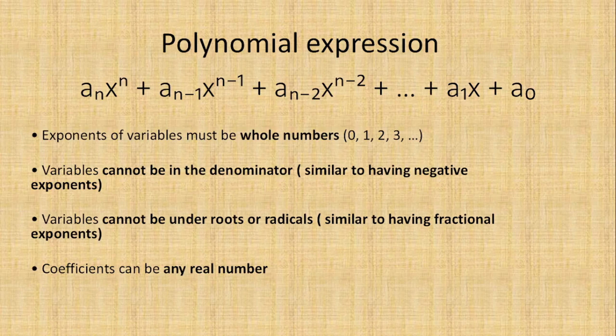Now that we have looked at the individual terms, let's see what a polynomial expression looks like. So here we can see a polynomial expression which is represented by a_n x raised to the power of n plus a_(n-1) x raised to the power of n minus 1 and so on and so forth until we reach the constant term a naught.